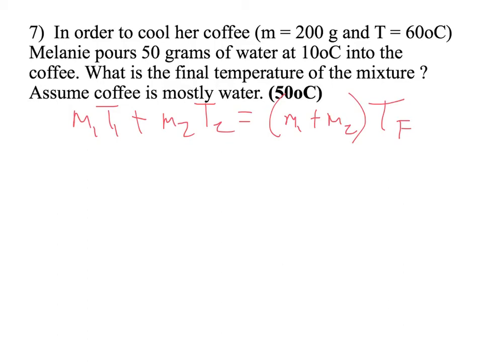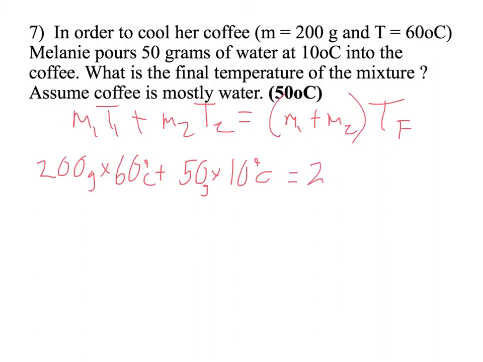So let's go on and substitute these in. We have 200 grams times 60 degrees plus 50 grams times 10 degrees Celsius. I should use my degrees Celsius in there, shouldn't I? Is equal to, well, 250 grams, 200 plus 50 is 250, times our final temperature.